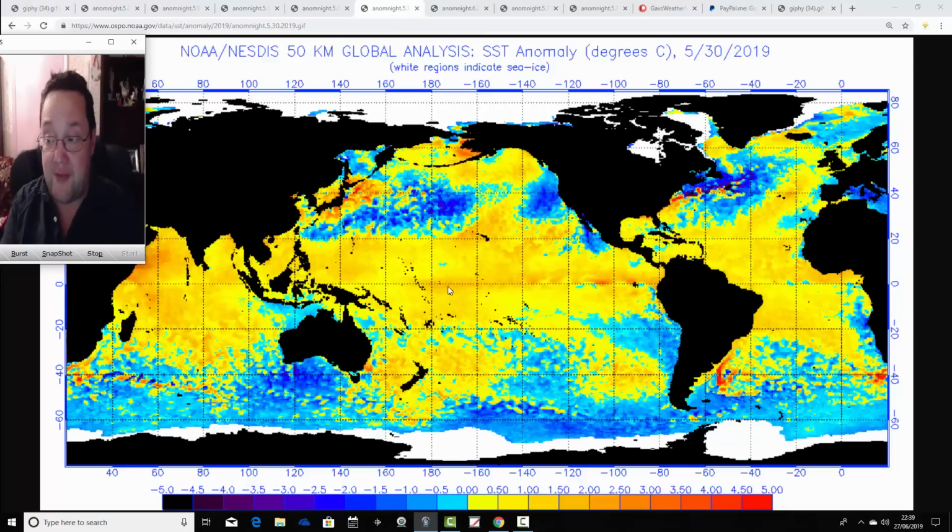Clearly, we have a very different sea surface temperature anomaly in the Atlantic compared to this time last year. So there is no comparison between this year's sea surface temperature anomalies in the Atlantic through May and last year's. That's the first thing to get on the table. So a very positive NAO for winter of 2019-2020 will not be the forecast from this.